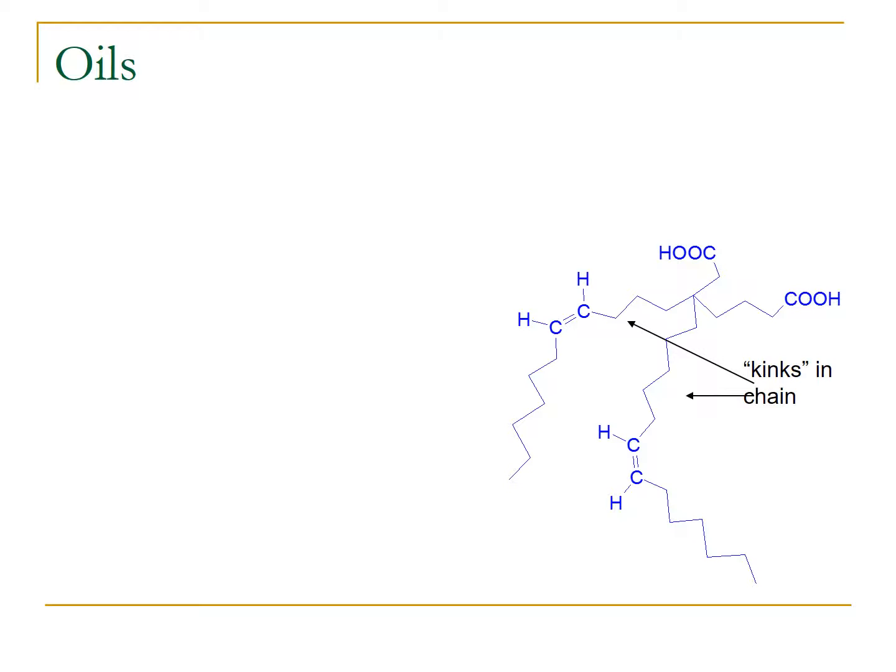Now when you have oils, which is what we call the unsaturated fatty acids, or molecules containing the unsaturated fatty acids, are going to be oils instead of fats. Fats generally denote solid, oils denote liquids.